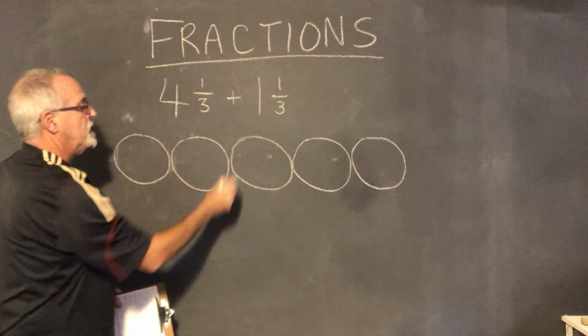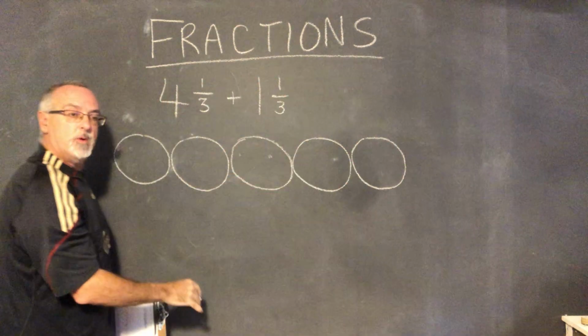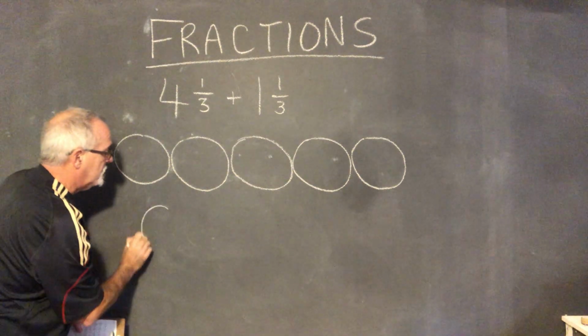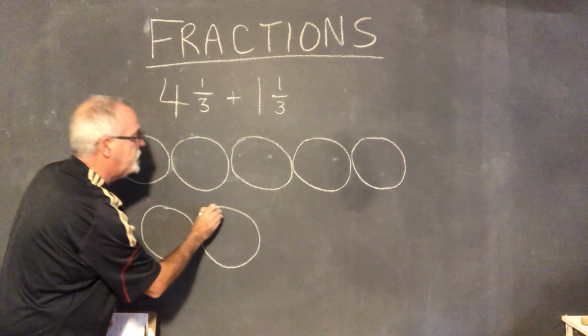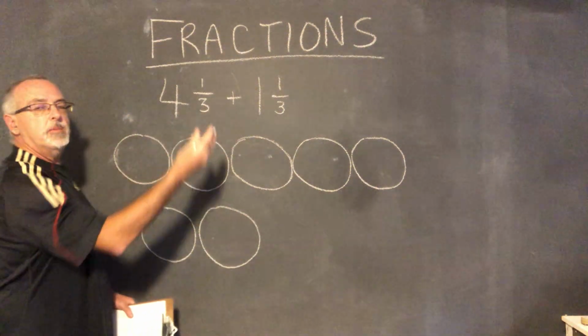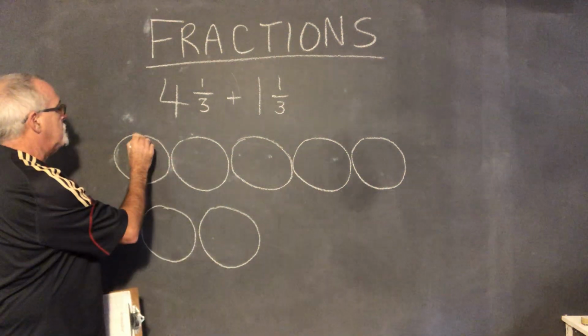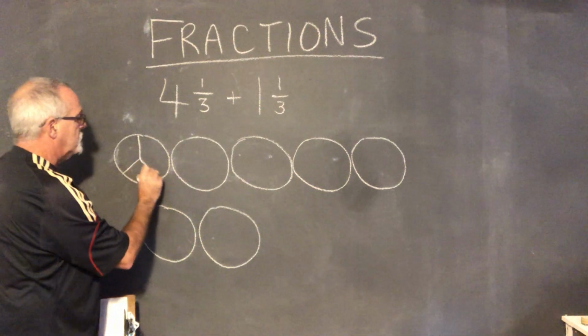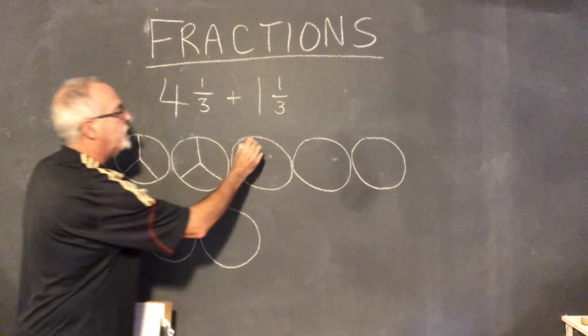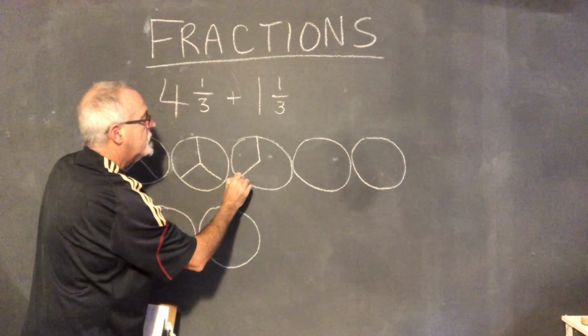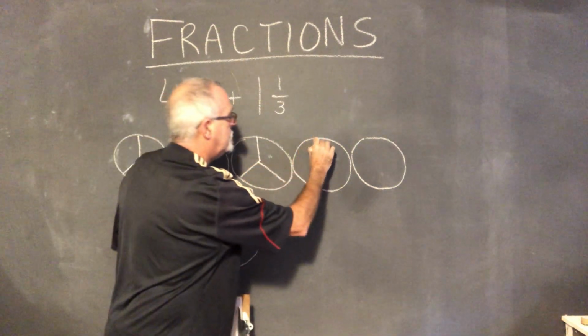And then to add the 1 1/3, well, I don't really have much room way over there, so I'll just draw them down here. We have 1 pizza, plus we need another one to show the third. Now, since they're divided into 3 pieces, I better get busy doing that. So I'm going to do all of these pizzas divided roughly into 3 equal pieces.